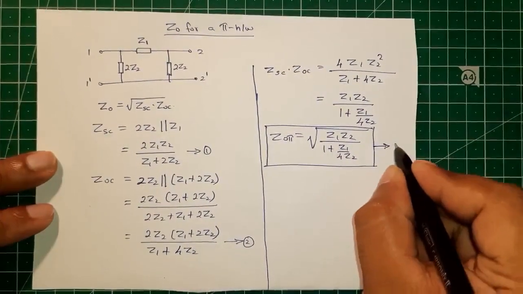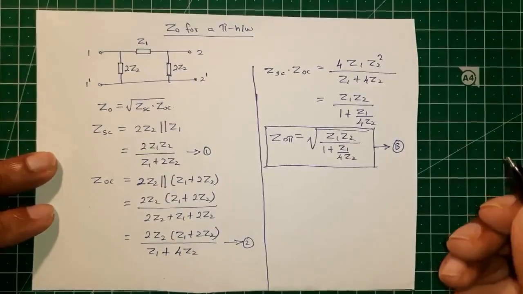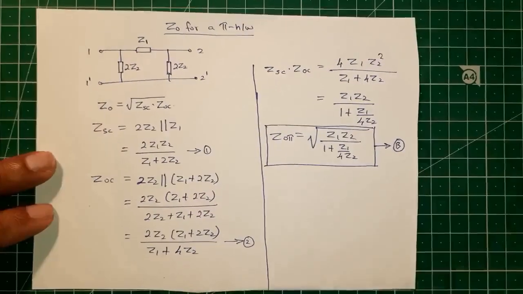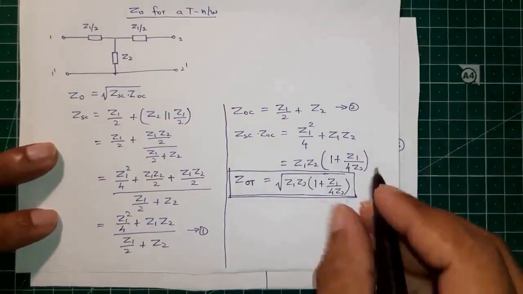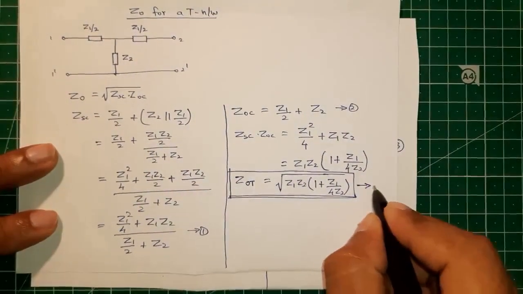So we got one more expression. And this is our Z0 T.